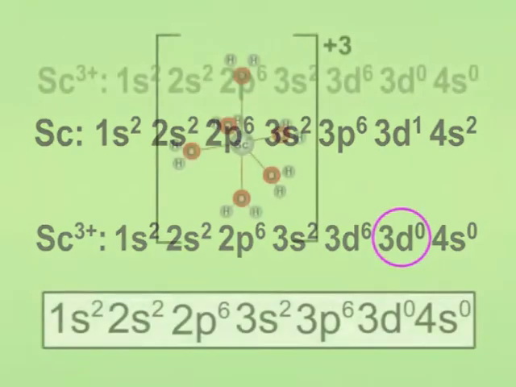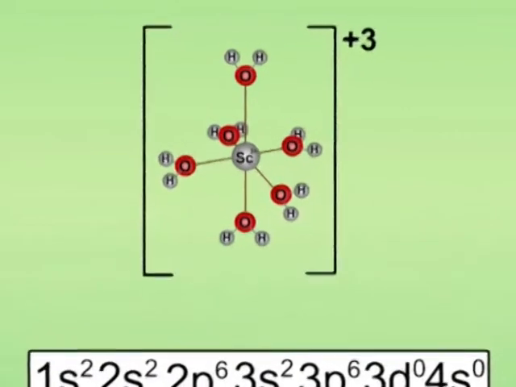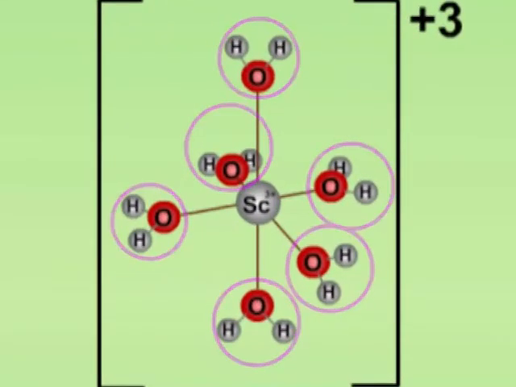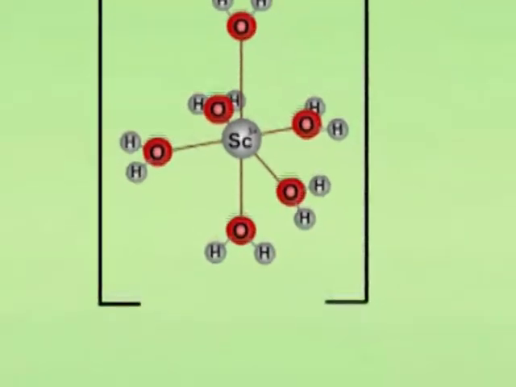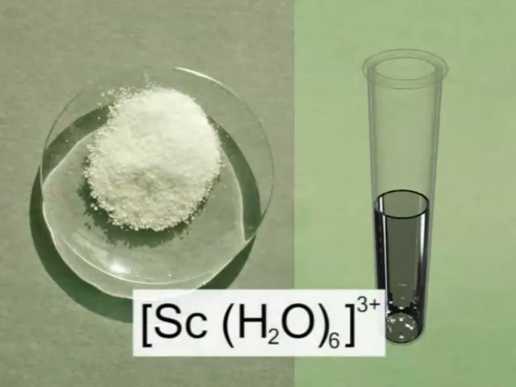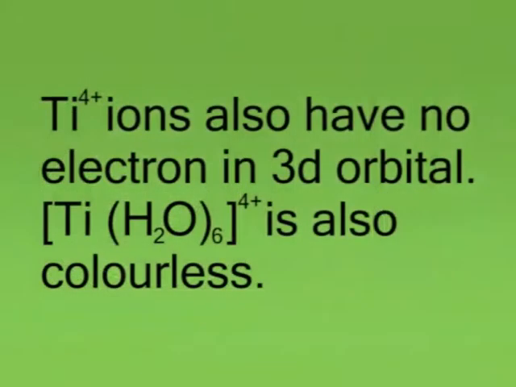As you are looking at a complex formed between scandium tripositive ions and 6 water molecules as ligands, it has no electron in its 3d orbital. That's why [Sc(H2O)6]3+ is shown colorless here. Ti4+ ions also have no electron in 3d orbital. As you are seeing, [Ti(H2O)6]4+ is also colorless.